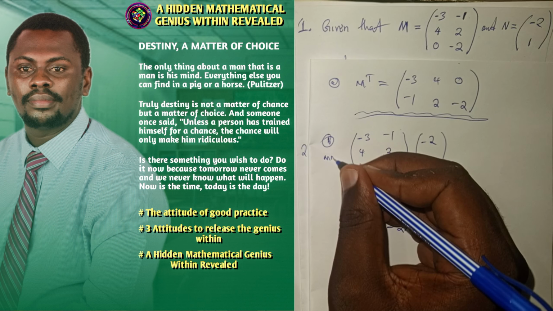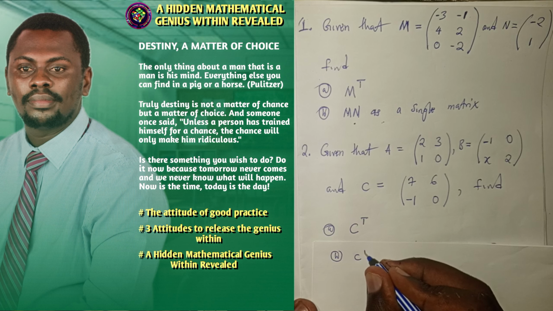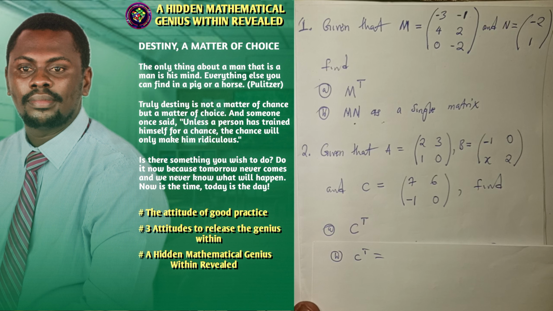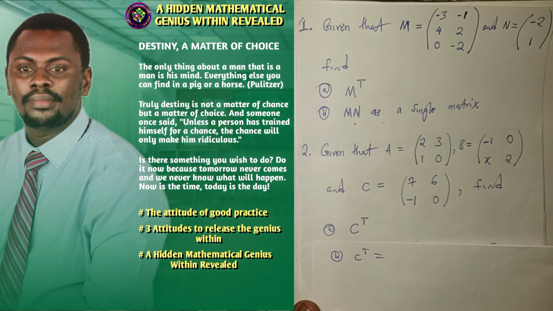Okay, we go to the second question. Given that A is equal to that 2 by 2 matrix, and B that matrix, and C that matrix, find A, C transpose. Okay, again, to transpose a matrix is to change rows to become columns, and columns to become rows. So rows are those in horizontal position, and columns are in vertical position.